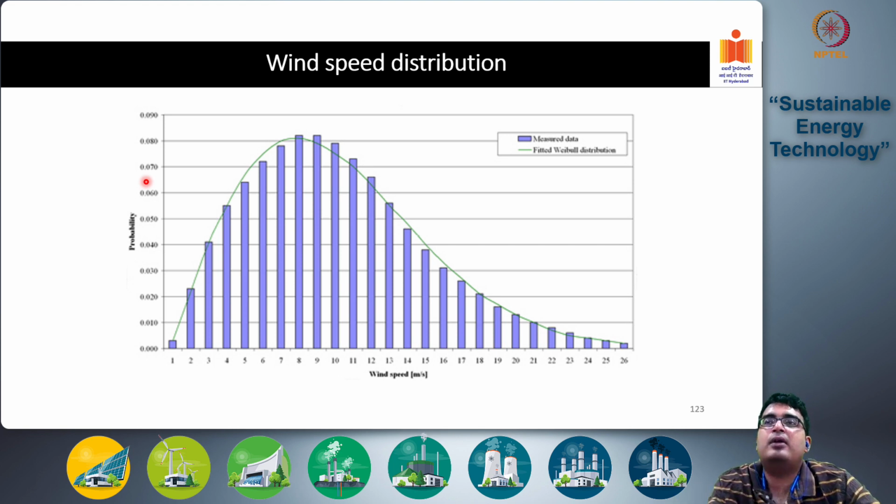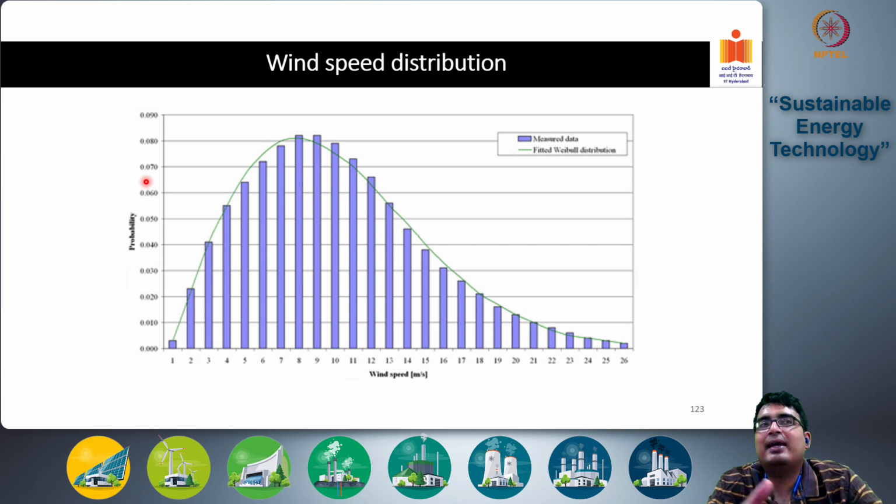So say for 300 hours, wind speed at 4 meters per second was blowing. For 600 hours, wind speed at 5 meters per second was blowing, etc. Then the probability of wind speed for that specific value, say 4 meters per second, for which it was 300 hours, is 300 by 8760. That is the probability, 300 by 8760, for wind speed of 4 meters per second.